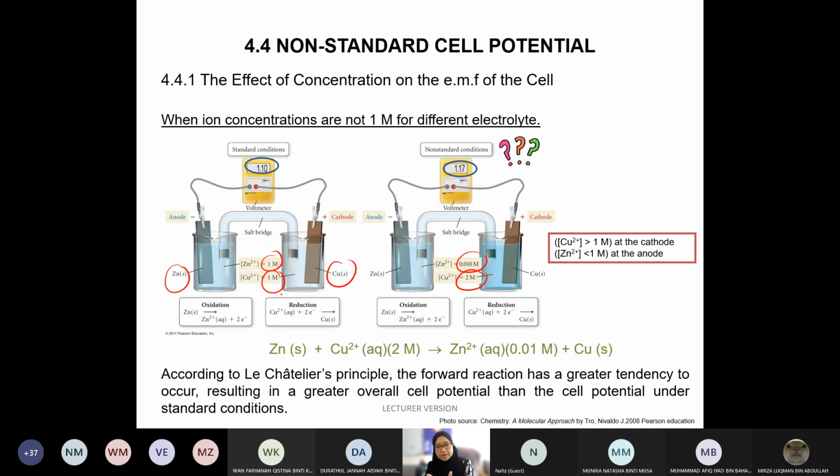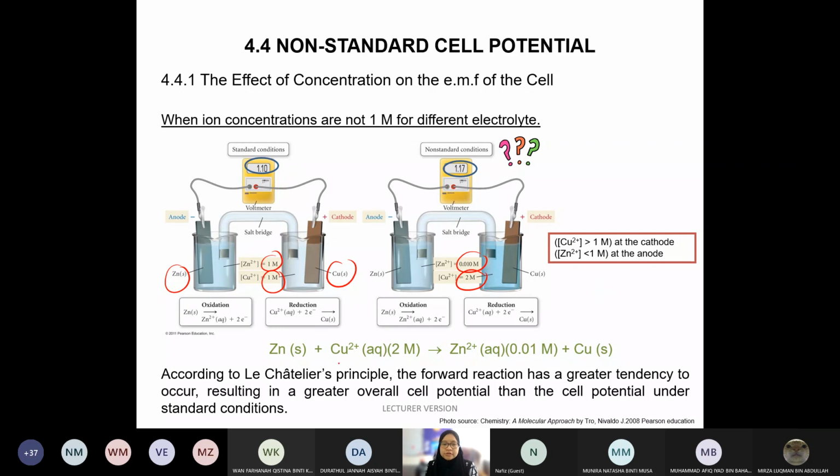How about if we have two different electrode and also different concentration? Okay, so dia set kat sini copper 2 plus has higher concentration at the cathode, zinc 2 plus has less concentration at the anode.